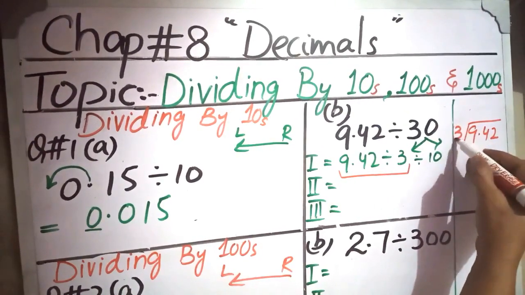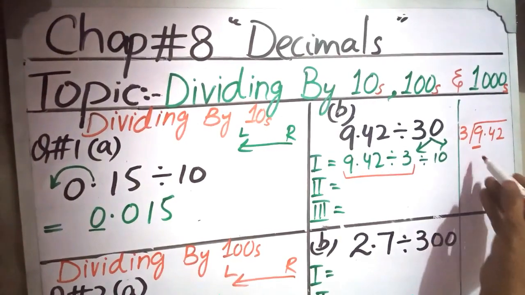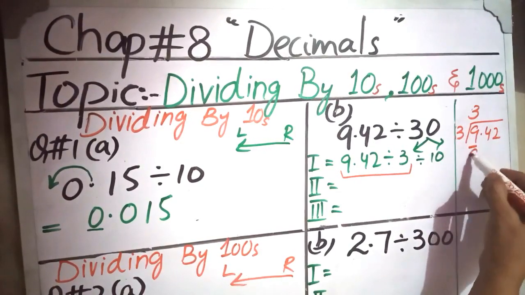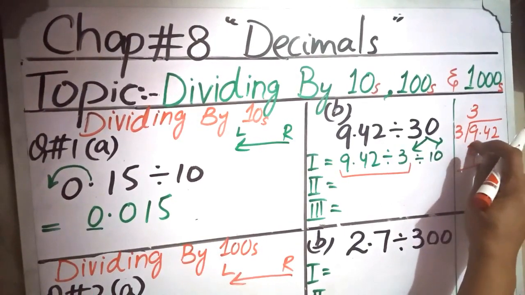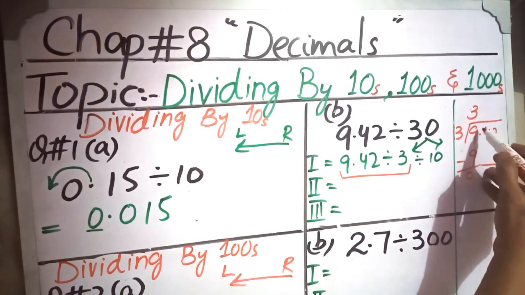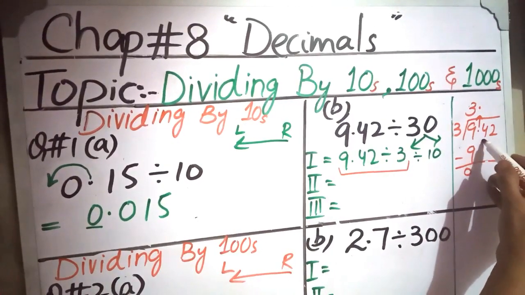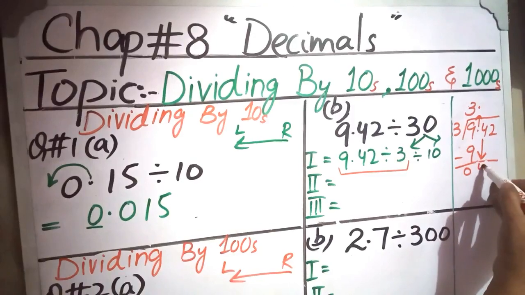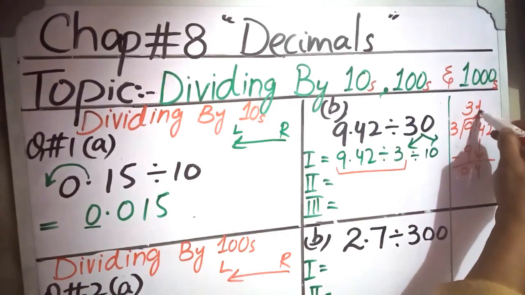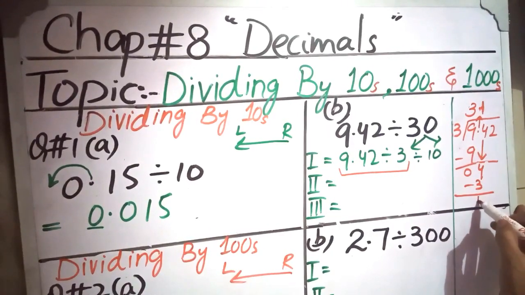9.42 divided by 3. First of all, we will check the first number. Is it divisible by 3? 3 3s are 9, divisible by 3. After subtraction we get 0. Then you will shift the point upward. Then we will drop down 4. Then 3 ones are 3. After subtraction we will get 1.